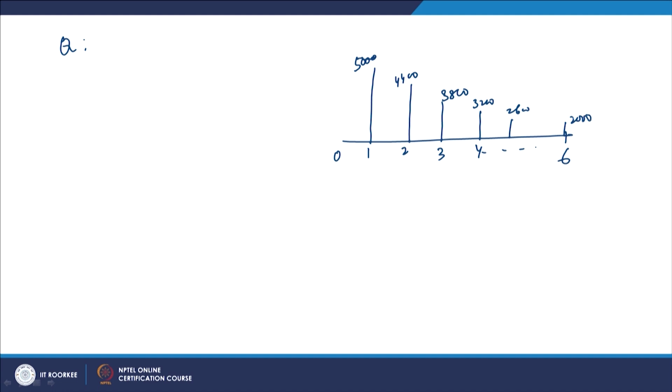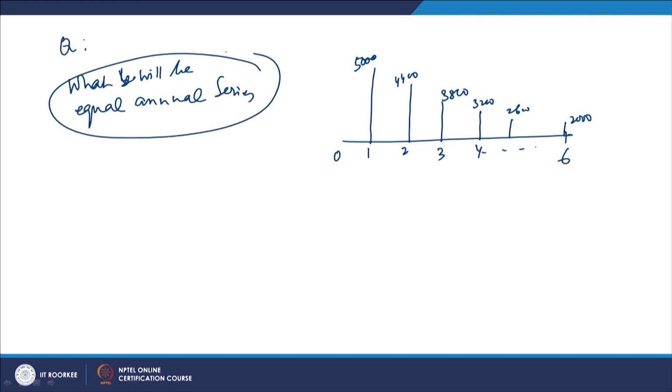Now, for this, what will be the equivalent annual series? In this series, as you know, the amount is not constant, it is decreasing. So what will be that series which will give the same equivalent value but with equal payments?